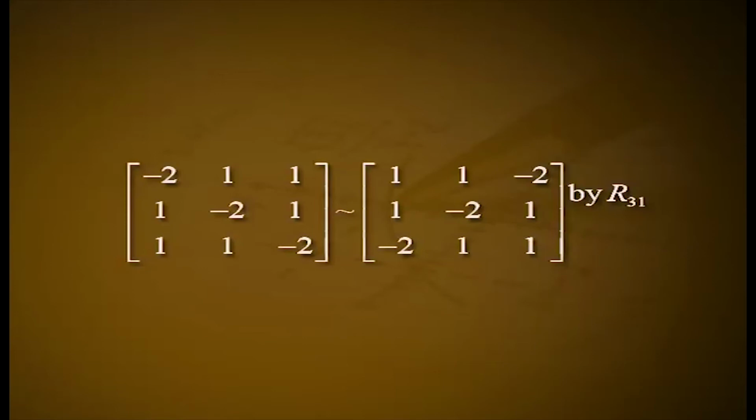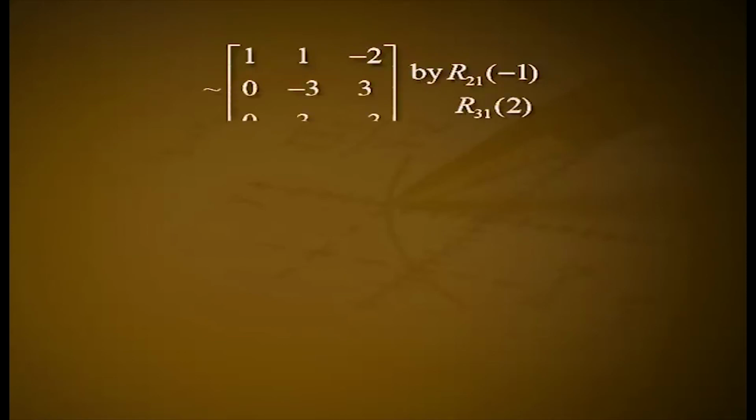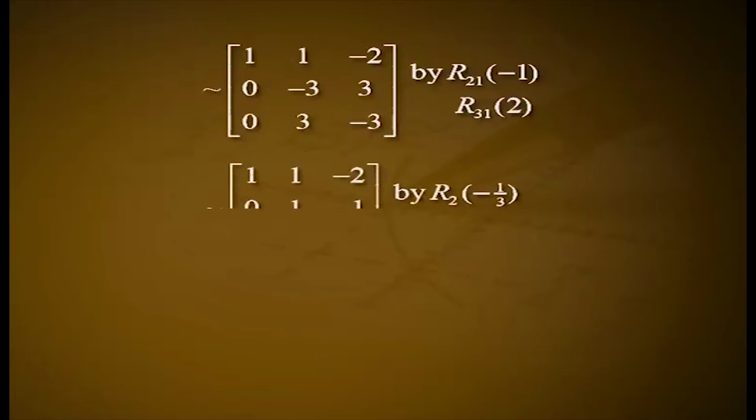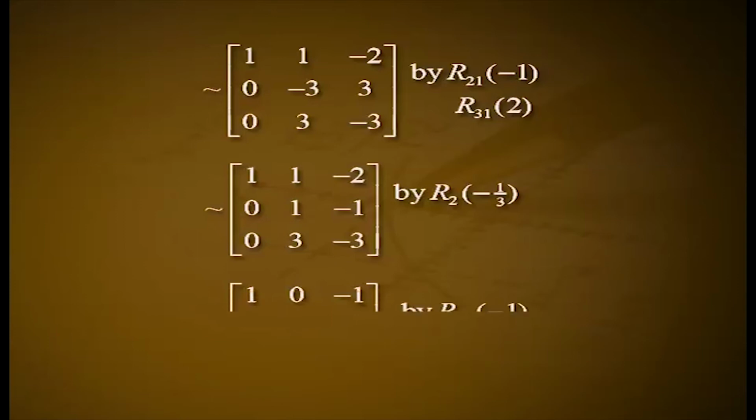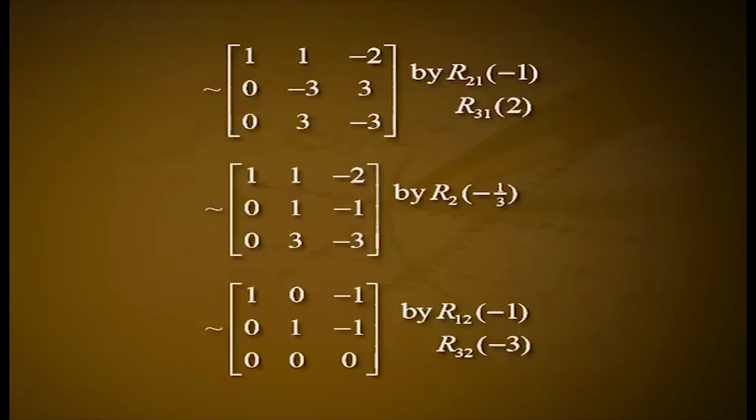By elementary row transformations, it is equivalent to [1 1 −2; 1 −2 1; −2 1 1] by R3 ↔ R1, which is equivalent to [1 1 −2; 0 −3 3; 0 3 −3] by R2 − R1, R3 + 2R1, which is equivalent to [1 1 −2; 0 1 −1; 0 3 −3] by R2 × (−1/3), which is equivalent to [1 0 −1; 0 1 −1; 0 0 0] by R1 − R2, R3 − 3R2. Hence, the rank is 2, and so the system has 3 − 2 = 1 independent solution.